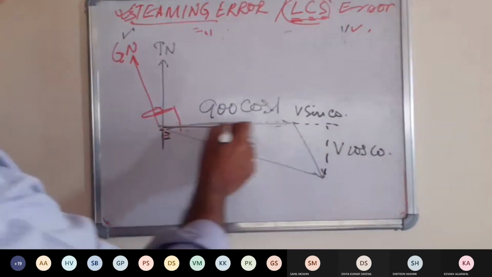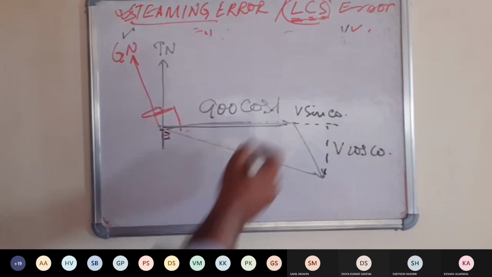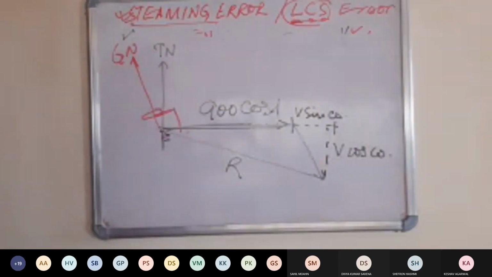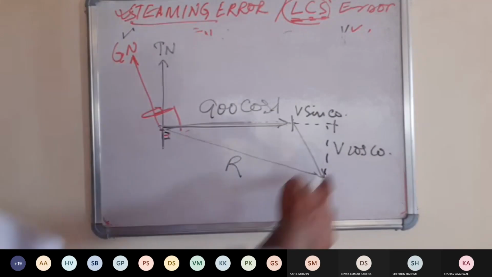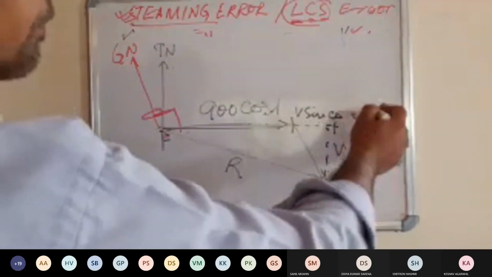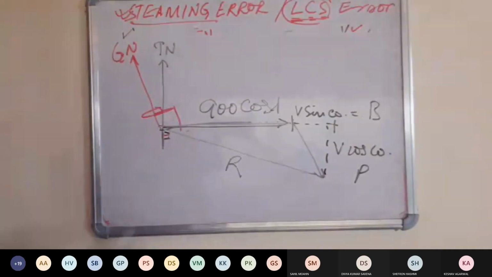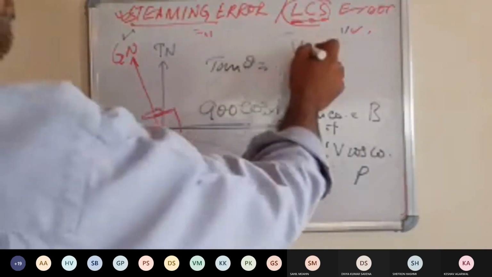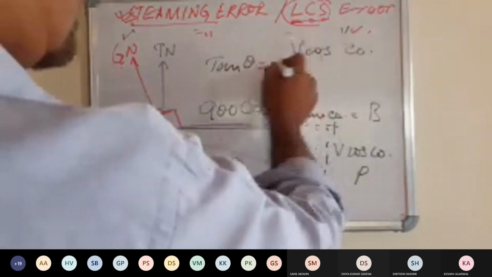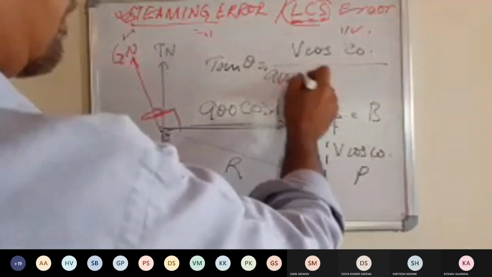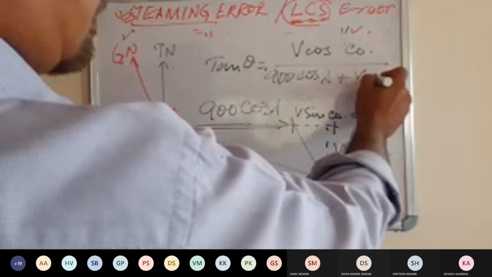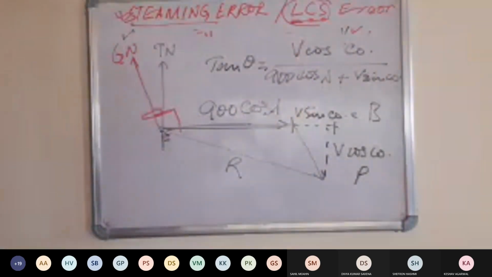Again this is going to be 900 cos lat plus V sin course, which is the base, and this is the perpendicular. So again tan theta is equal to V cos course divided by 900 cos lat plus V sin course.